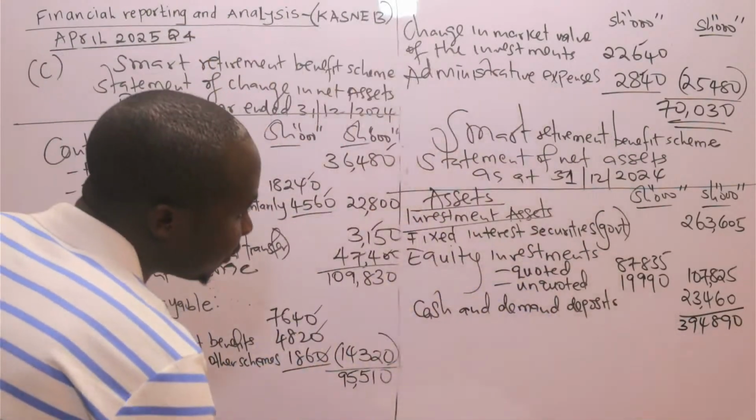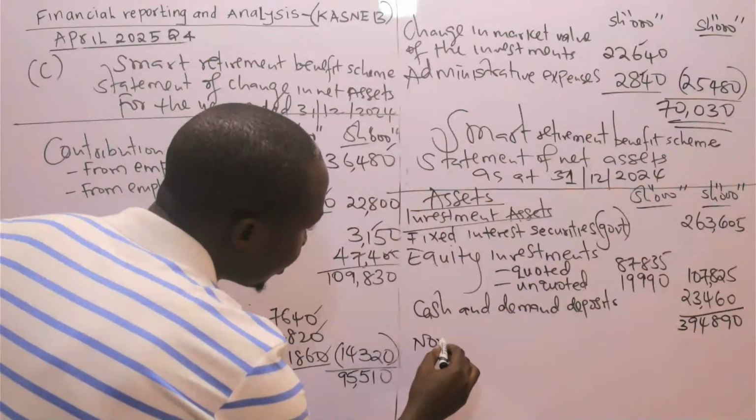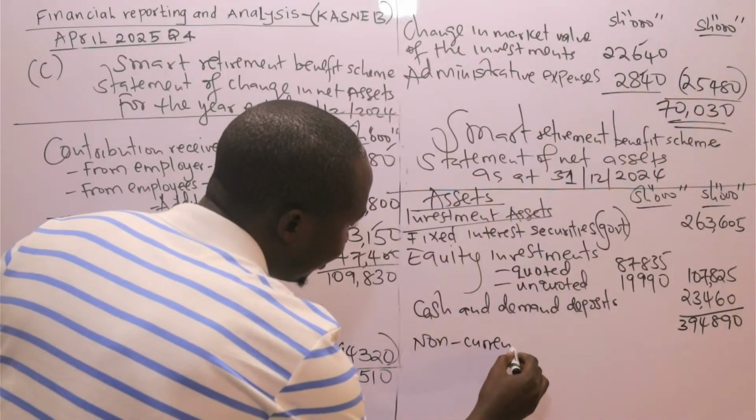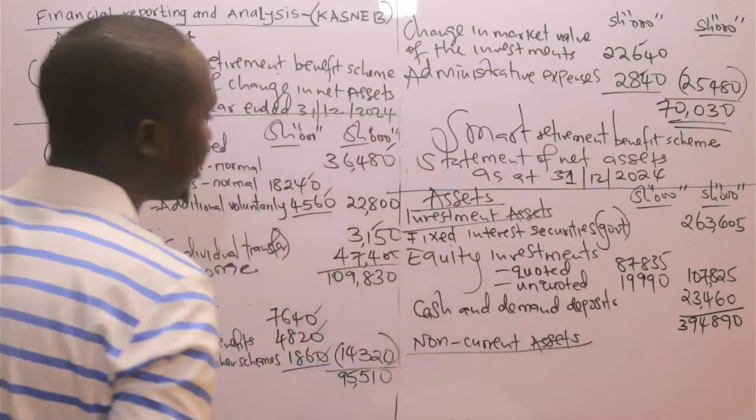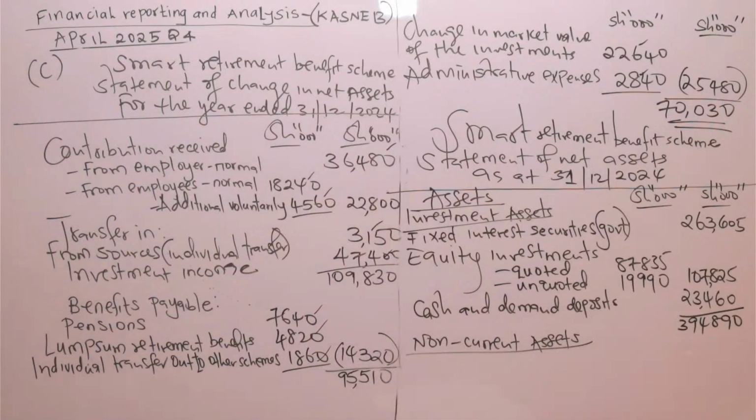And now you can talk of other non-current assets. What other non-current assets did they invest in or hold? Remember, the one we started with is investment assets.